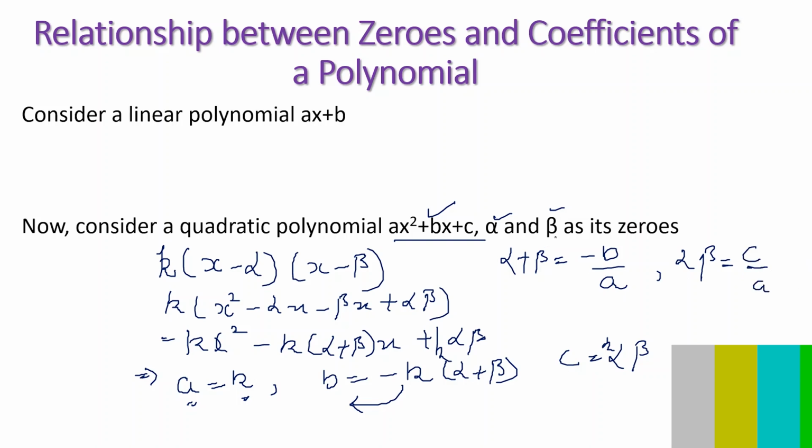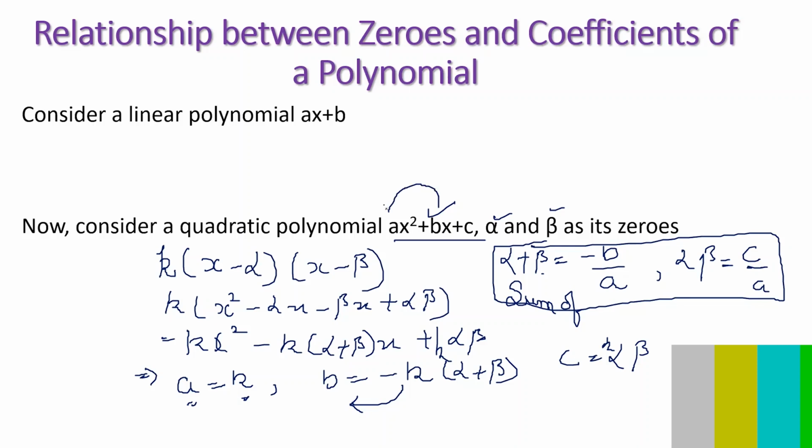So here we can see that the relation is in front of us: alpha plus beta, the sum of the roots, is hidden in minus b by a. Negative of the sum of zeros is equal to, where is the sum of zeros?